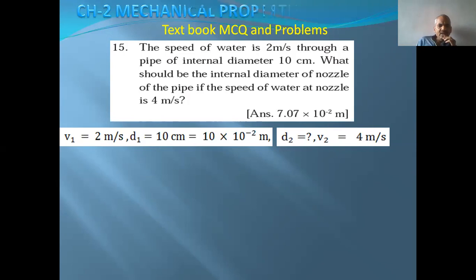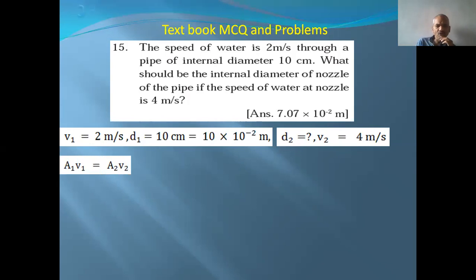Here as the water is flowing through the pipe, we know that it follows the equation of continuity, that is a1 v1 is equal to a2 v2. Means area of cross section and velocity, the product is always constant for the given pipe or for the given flow.